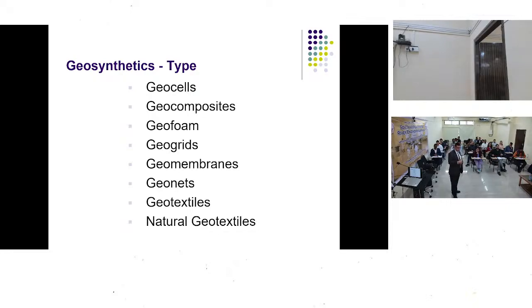And then natural geotextile, well, this is something which the international community accepted because in our country we have a long coastline and a lot of jute and coconut fiber.